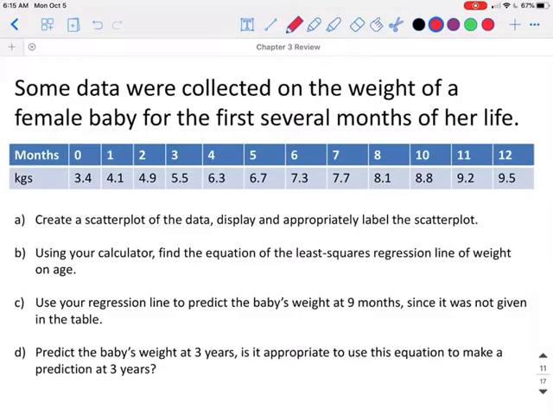Some data were collected on the weight of female babies for the first several months of their life. So the first thing we need to do is create a scatter plot and display the data and label it. So remember, when you create a scatter plot, you need to label.